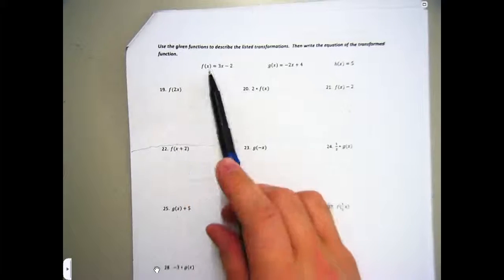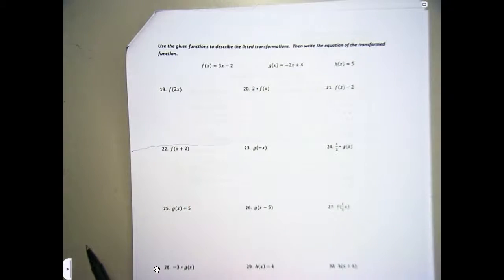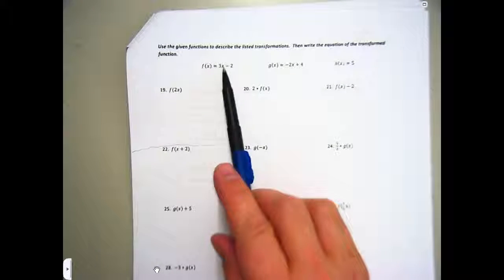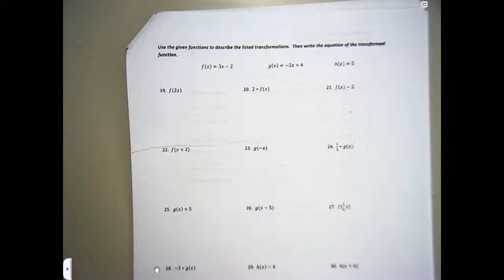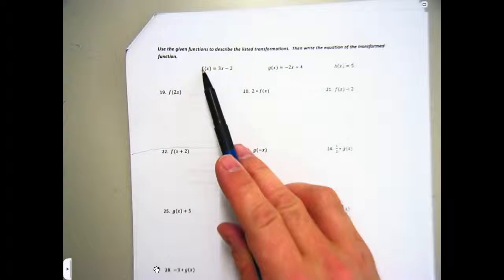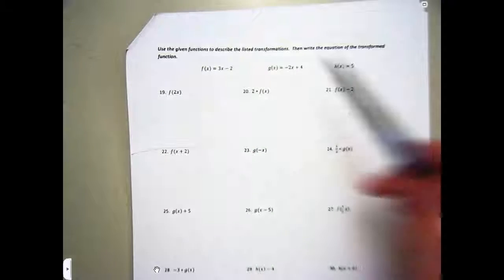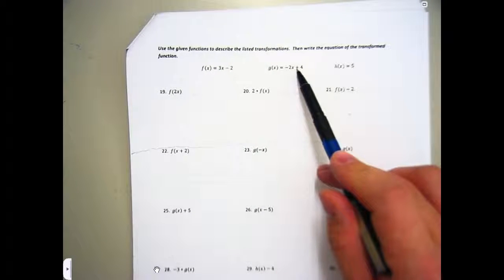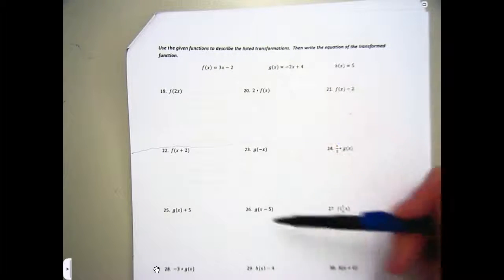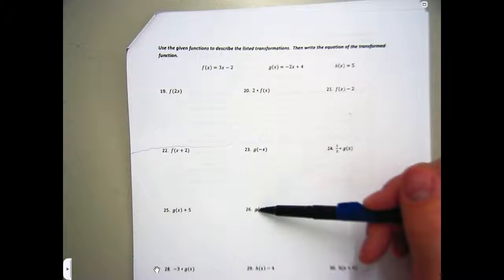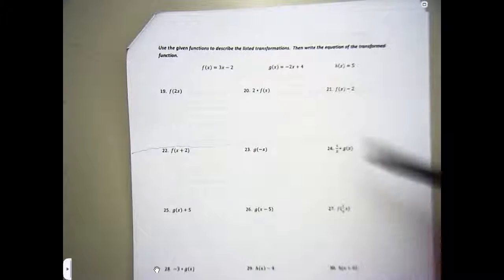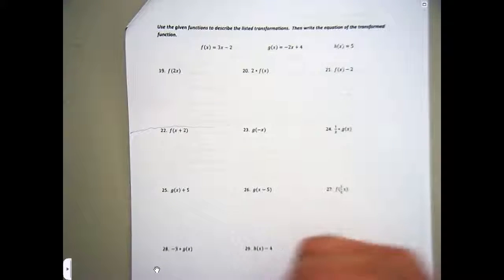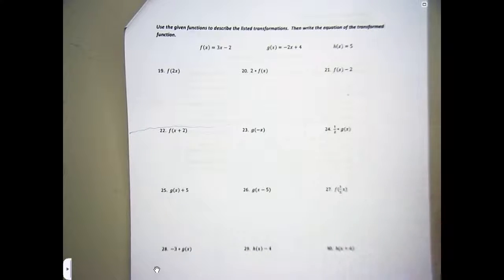Yeah, by the f, g, and h. So for this one, do I use f of x, g of x, or h of x? I use the f of x because it says f. Give me a problem number where I'd use this function. 26, yeah, that's a g of x one. So this one says g. You got to use g. Give me a problem number where you'd use this one. Yeah, 30. Okay. 29, yeah, those work.